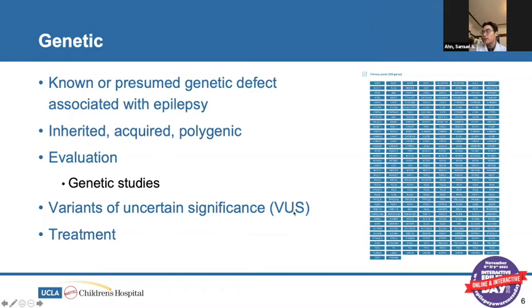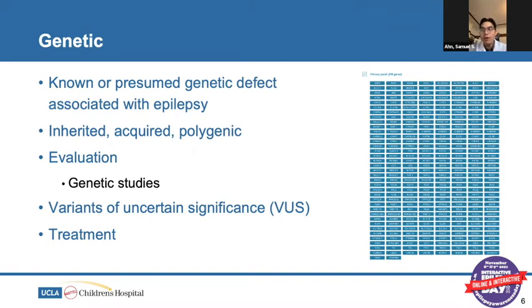Also, lastly, about genetic epilepsies, if anyone receives a genetic study, they may have encountered a result describing a variant of uncertain significance, or a VUS. And these VUSs are usually changes within the genetic makeup that are not always consistently present within the epilepsy population, nor in a normal population without epilepsy.